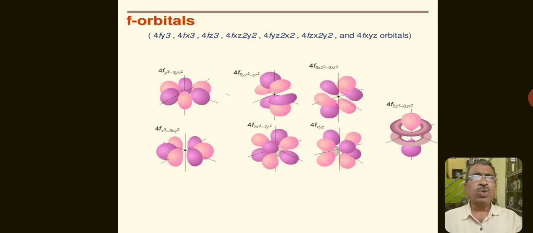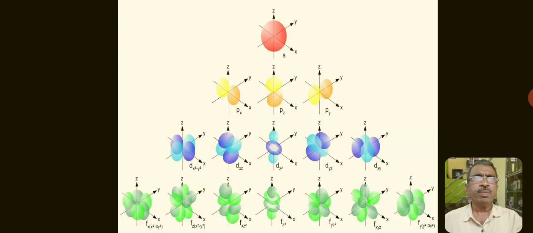Now, as I have told you, the f orbitals are complicated in structure and there are 7 types of f orbitals. Here I have shown the shapes of these 7 f orbitals. The shapes are like this and their names are also given. This is a slide showing the s, p, d and f orbitals in a 3-dimensional way.